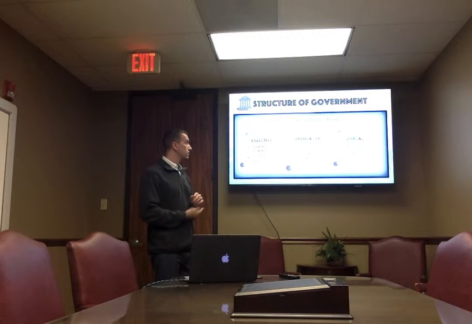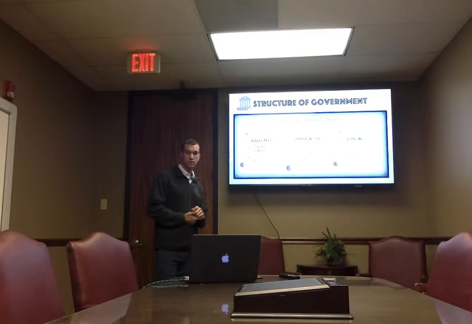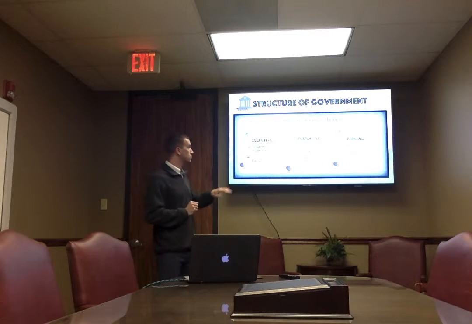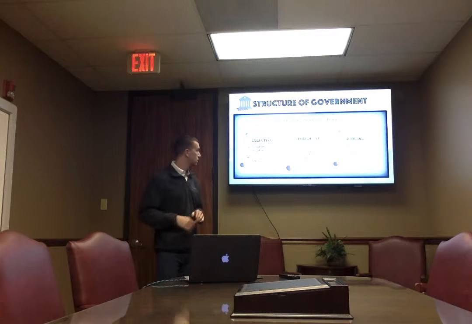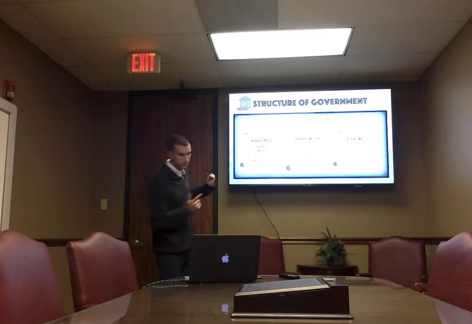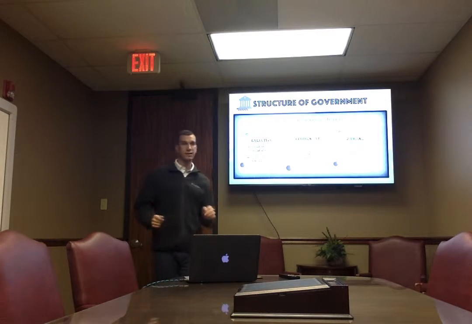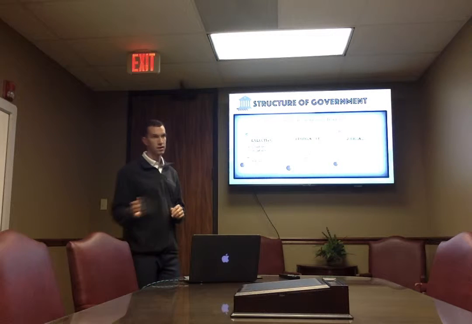The legislative is a bicameral parliament, which means it has two houses, the upper and lower, and then the judicial, which is the Supreme Court. The main difference between this and what we have here is that the executive branch is legislatively selected instead of voted on by the citizens.